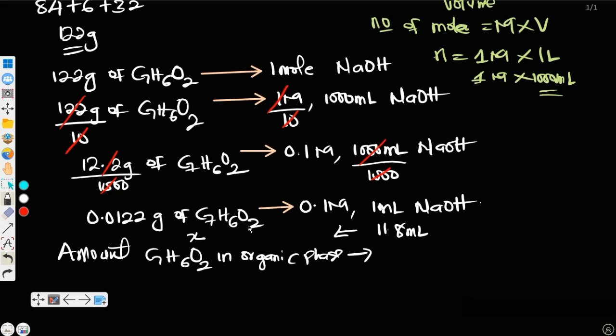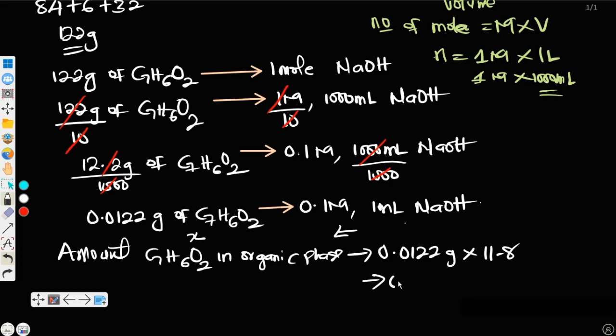True or false? True. So to get the amount that will be present, that means the amount of benzoic acid that will react in this 11.8 ml of the sodium hydroxide you are using to standardize it, it will now be 0.0122 gram times 11.8. I told you that ml will cancel ml, and what would that give to us? 0.0122 multiplied by 11.8.